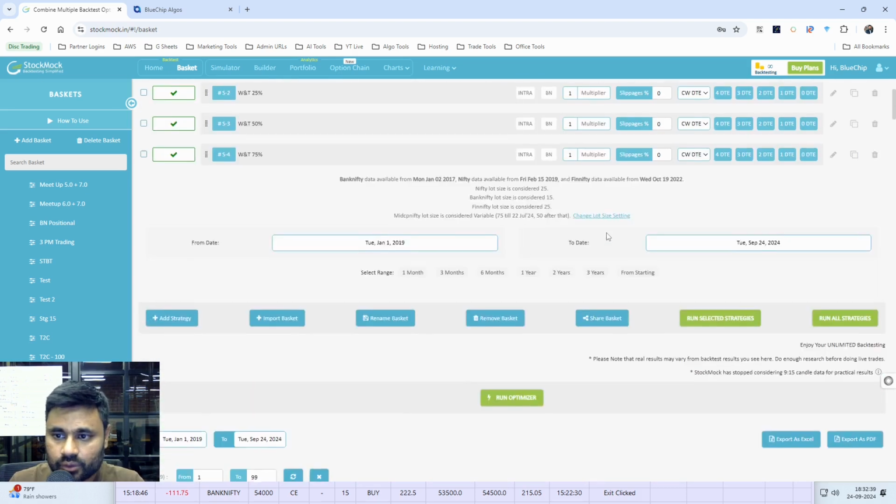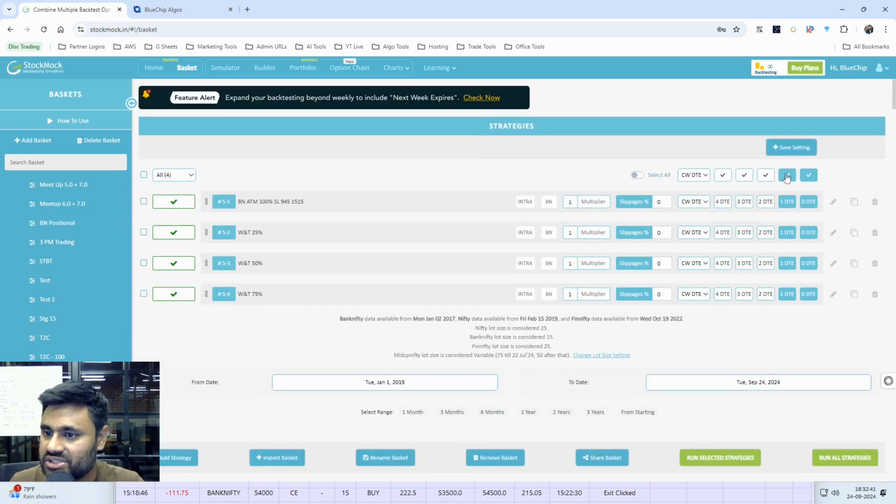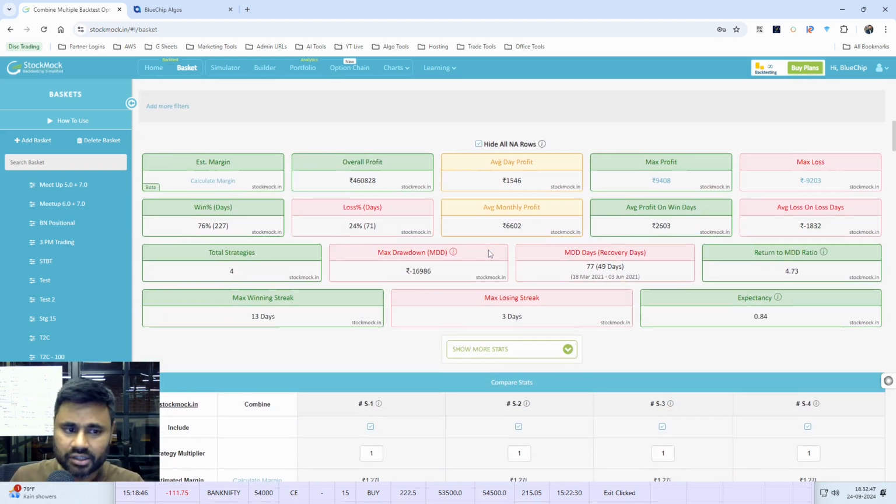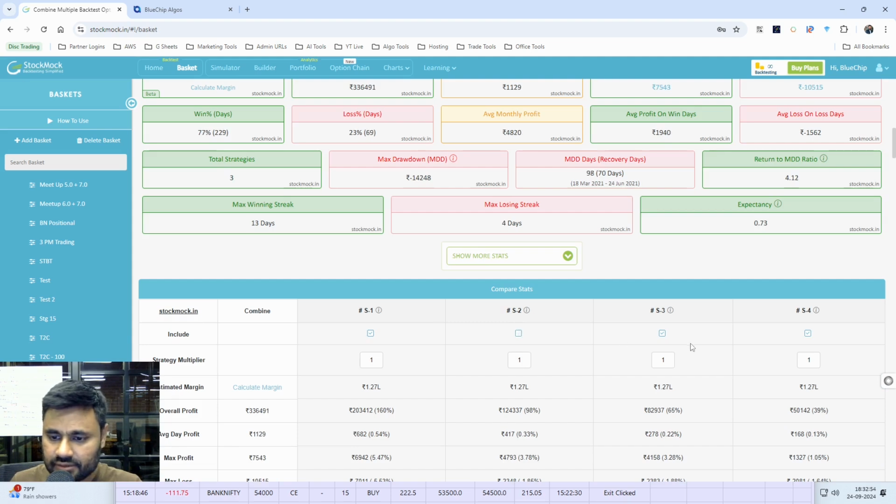And now let's actually do this on 0 DTE. I think this is probably more useful for 0 DTE, but you can also apply this concept anywhere in the stock market. So you can see here, first let's remove these three. Normally 64% is the win rate, 3 is the return to MDD, and 0.76 is the expectancy.